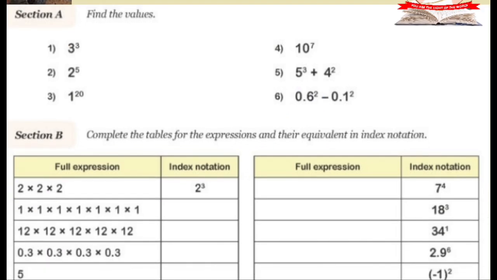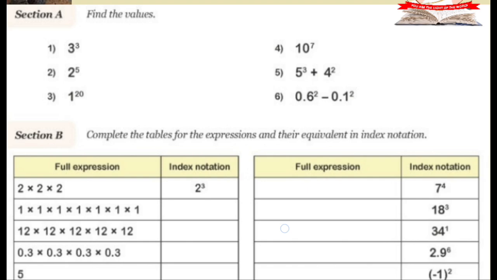You can try this. The question says find the value of 3 raised to the power 3. And this implies that you have 3 times 3 times 3. And 3 raised to the power of 3 is going to give you 27. So that's how you're going to do the other one. Then in the case whereby you have a negative number, you have to express your number as a fraction.